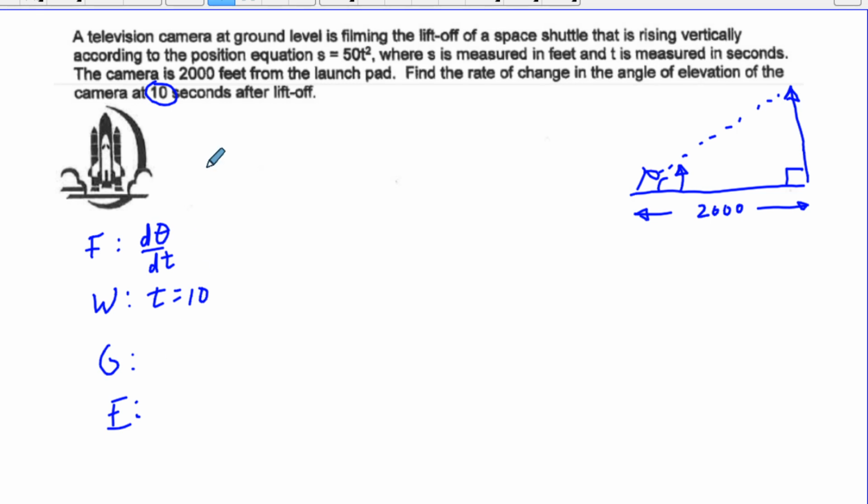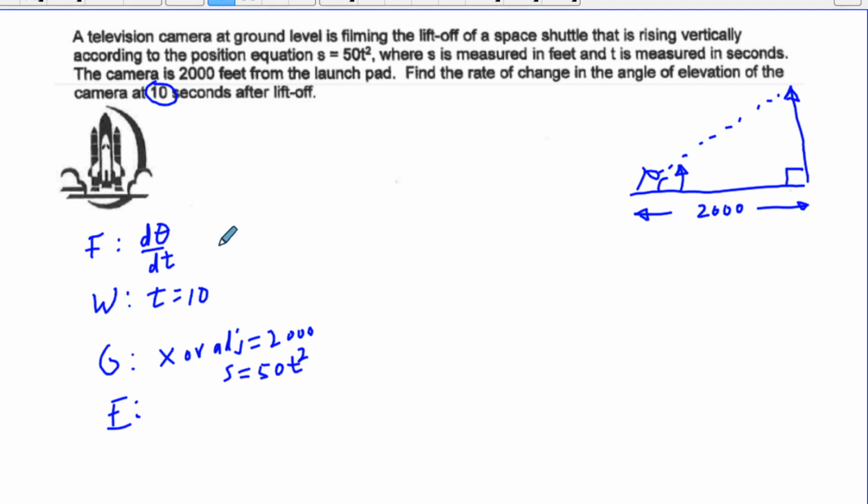And given, okay, we're given the equation. We're given x, if you want to call this our adjacent side of our triangle, is equal to 2,000, and we're given also s equals 50t squared. That's going to help us.